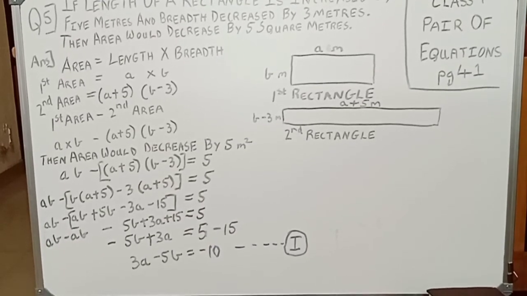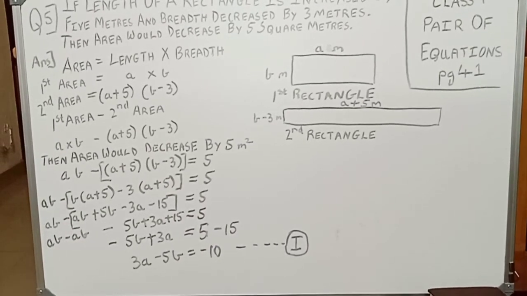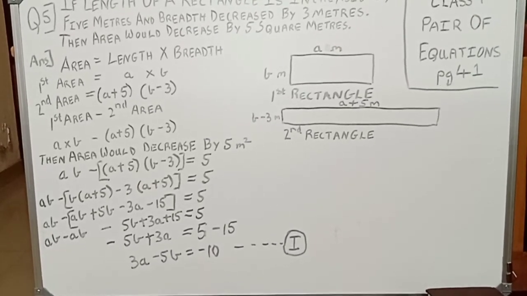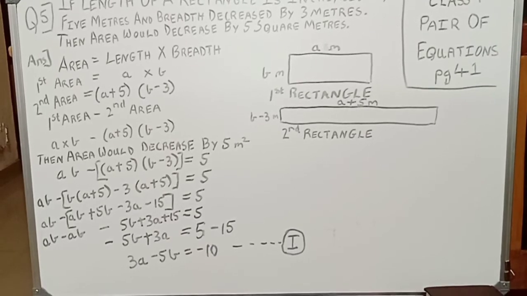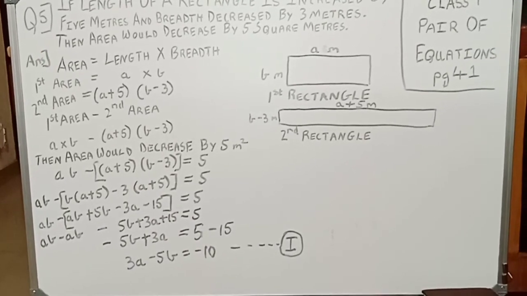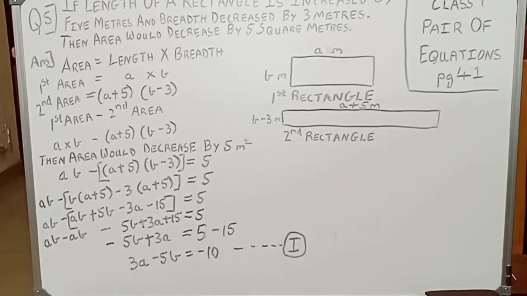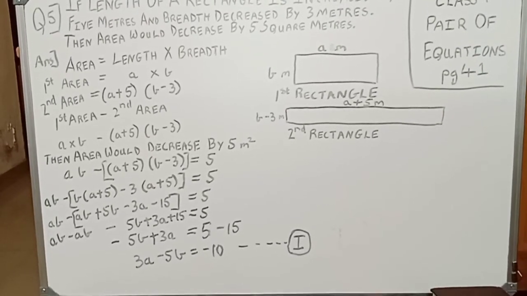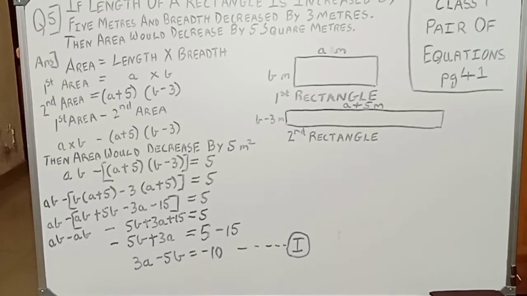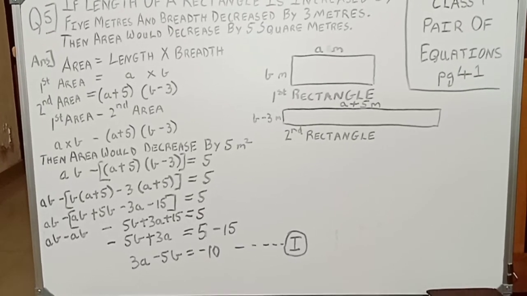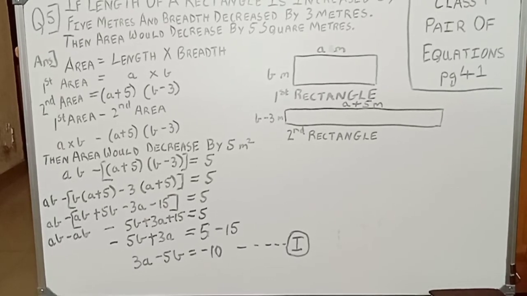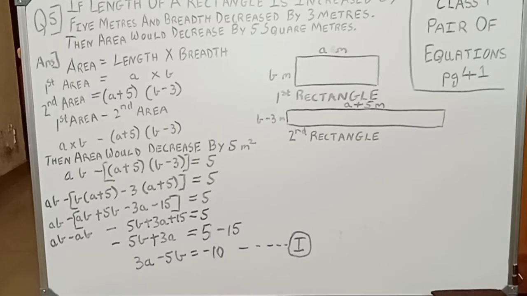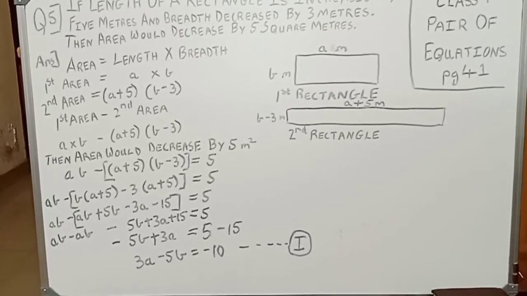So this plus 3a we can take as the first term, and minus 5b as the second term, and on the other side of the equal to, since the bigger integer has a minus sign, the minus sign will be carried forward. 15 minus 5, so the answer is 10, with the minus sign of the bigger integer carried forward.